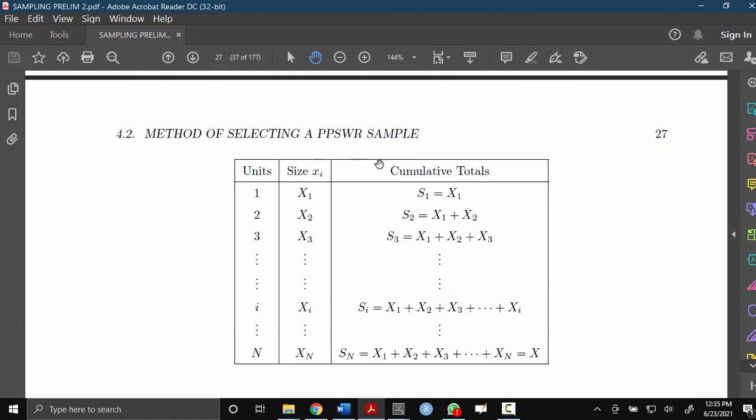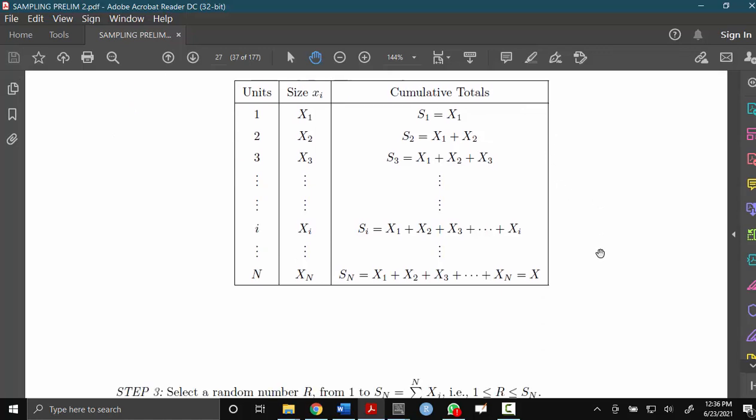Like this you can see in this table. The second unit size is X2, so the cumulative total is S2 equal to X1 plus X2. For the third unit, S3 is X1 plus X2 plus X3. For the ith unit, X1 plus X2 plus up to Xi, and for the Nth unit, X1 plus X2 plus up to XN, which is the total size X. So this table is based upon the cumulative totals of the sizes.